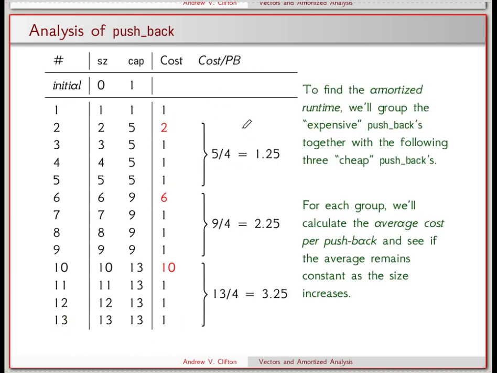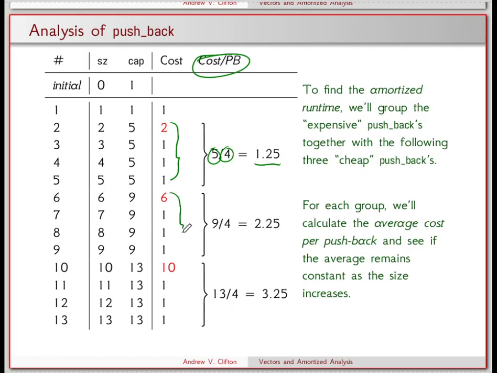If we fill out the cost per pushback here, in this group our total cost is 2 plus 1, 2, 3. So our total cost is 5, and we did 4 pushbacks. So my average cost per pushback is 5 over 4, or 1.25.